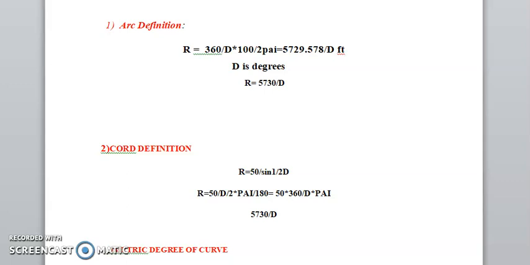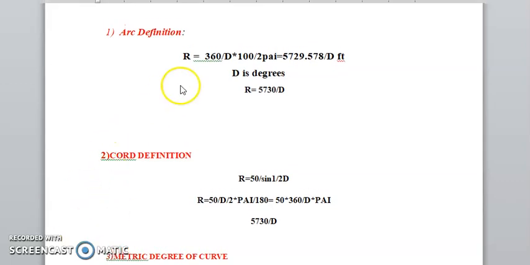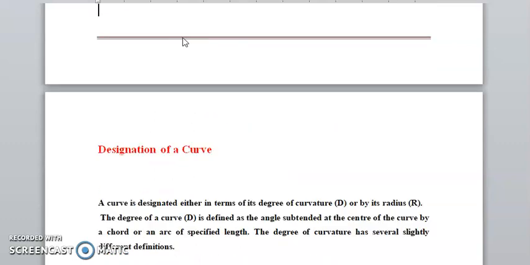Now we go for the continuation of curve surveying. First, we go for the definition of the curve.